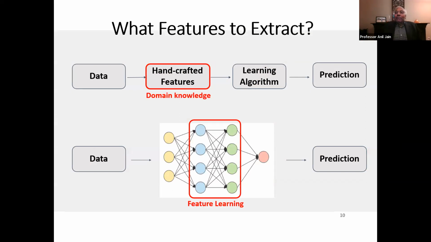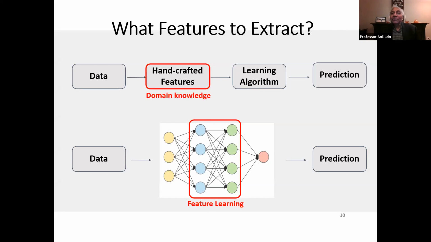So now the basic challenge in all machine learning and AI is what features to extract. And there are two distinct ways of doing this. One is we use expert knowledge, often referred to as handcrafted features, and use that to learn some decision boundary and then do the prediction.